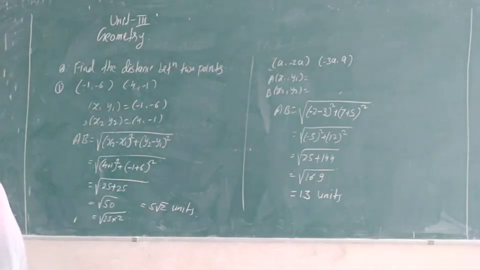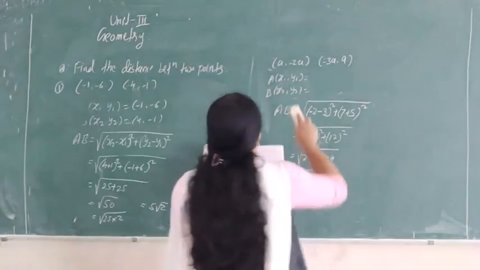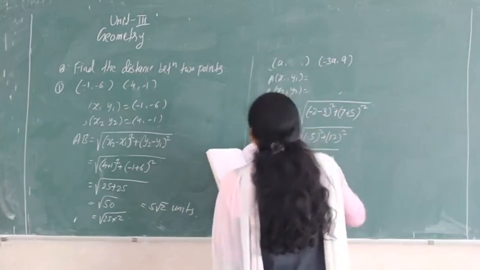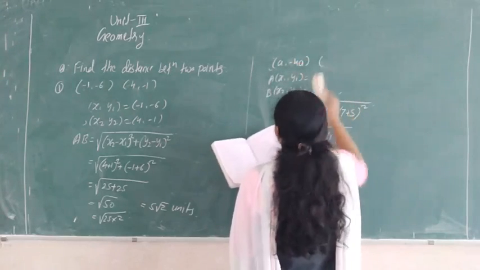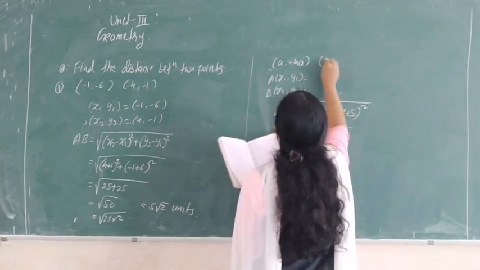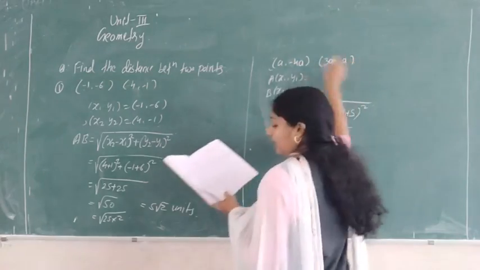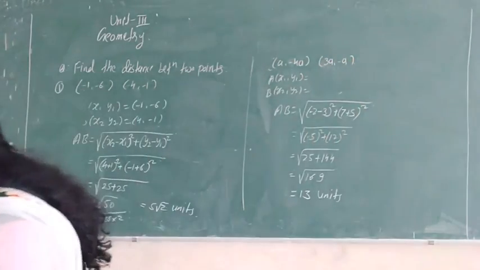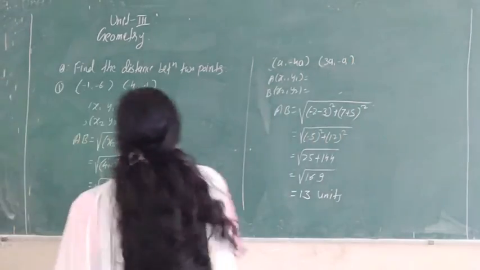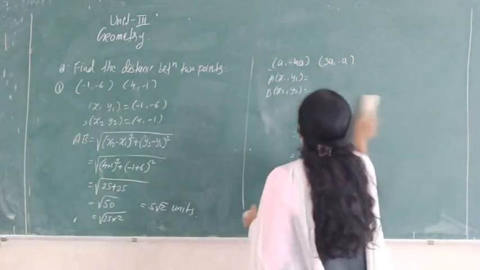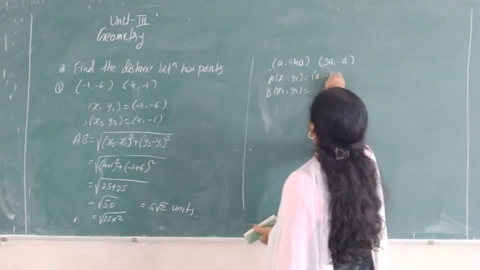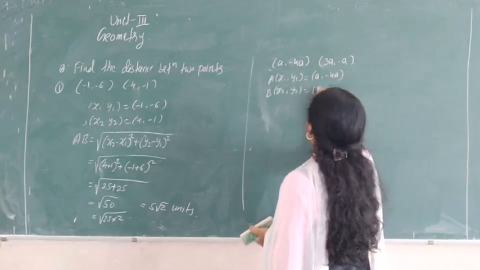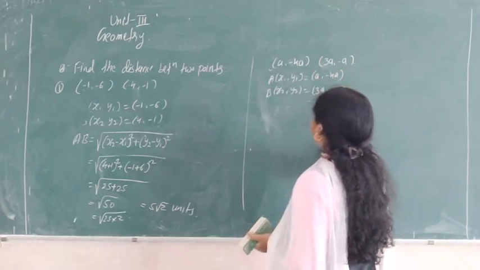I have written the second one. Write down here: (a, minus 4a) and (3a, minus a). So again here we are having (x1, y1) as (a, minus 4a) and (x2, y2) as (3a, minus a).